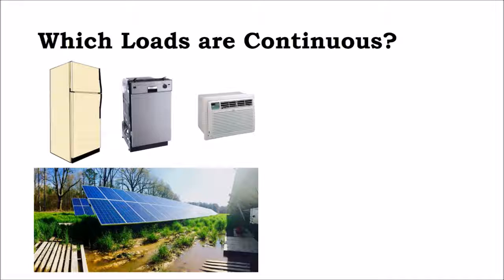Now, really, the only non-continuous load in this list is the dishwasher, because it's not operating 24/7. Even though the refrigerator is going through a duty cycle, it's 24/7 operable. It doesn't just operate for 3 hours or less. Same thing with the air conditioner.